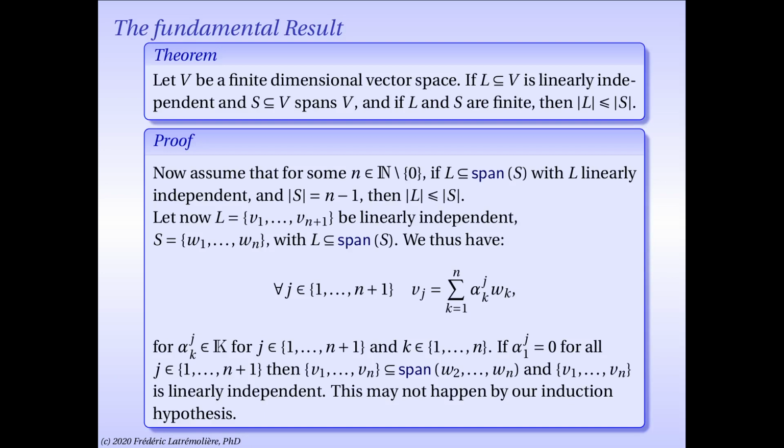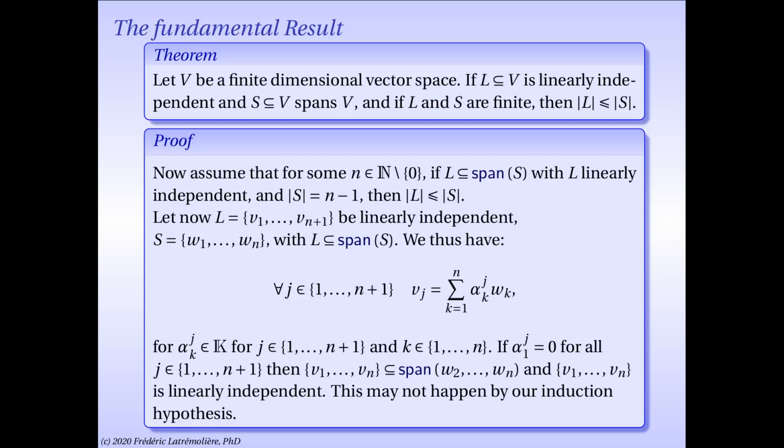Now assume in particular that for all j between 1 and n plus 1, alpha superscript j subscript 1 is 0. So what that means is that in all the linear combinations I have written here, the coefficient of w1 is always 0. Then it means that v1, v2, etc., vn in particular is a subset of the linear span of w2, w3, etc., wn.